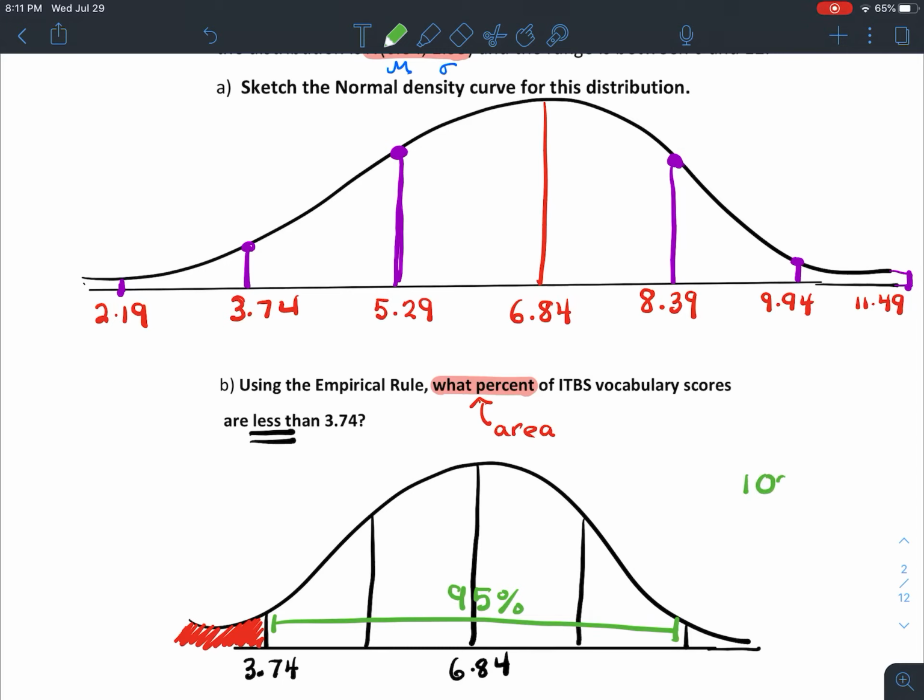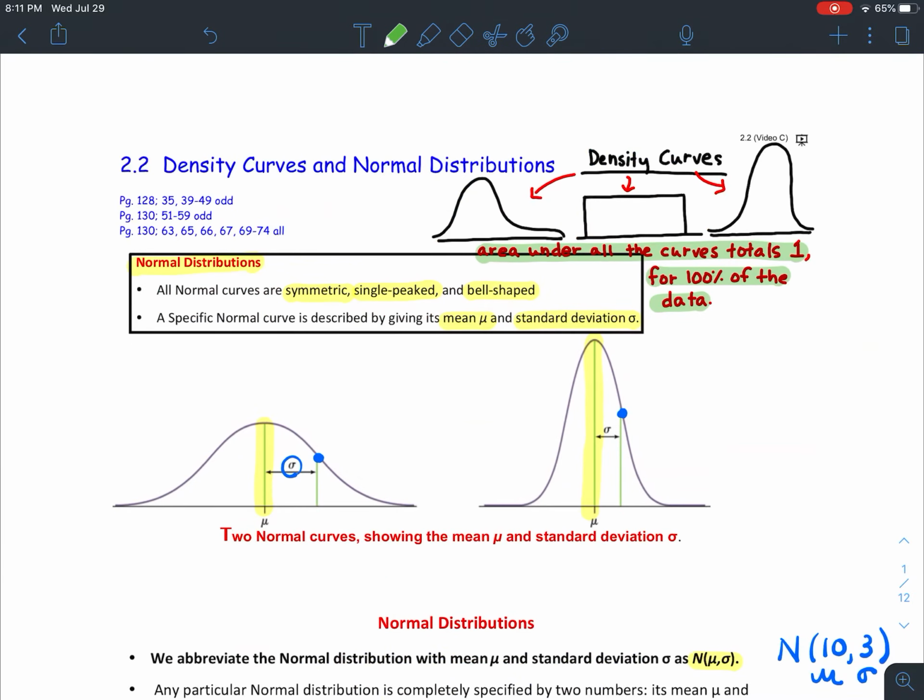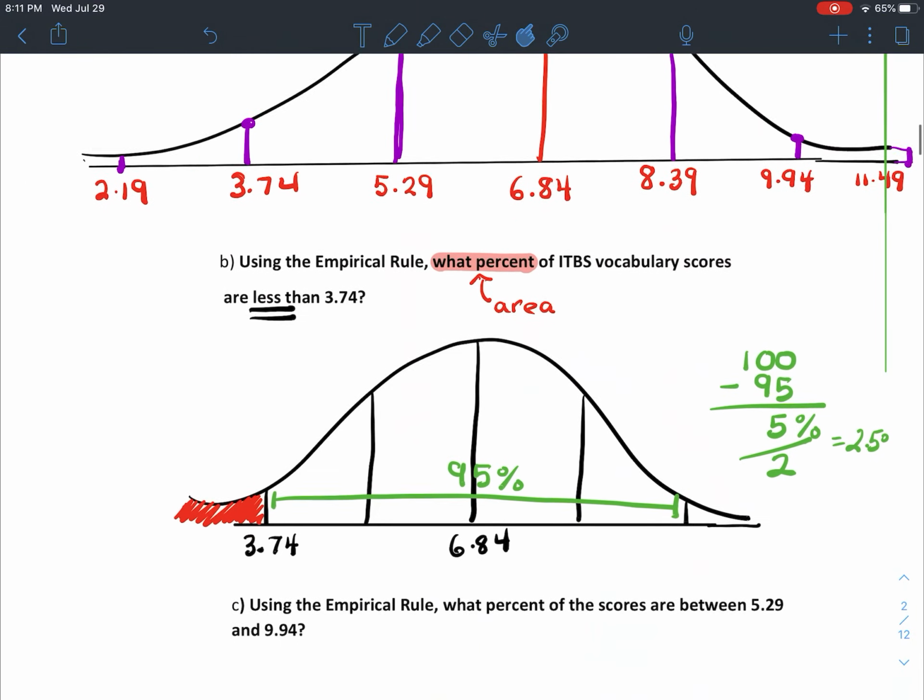Remember, everything underneath the curve is 100%, all the data. So if we get rid of this part that I have marked in green here, that would leave us with 5% left over. But this 5% is in this tail here, and in this tail over here. So we need to take that 5% and divide it by 2.